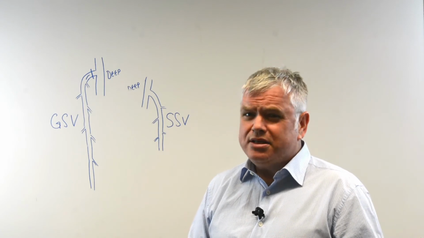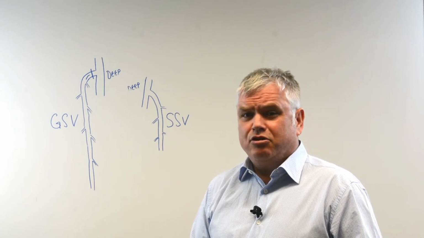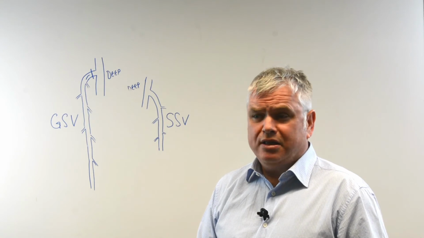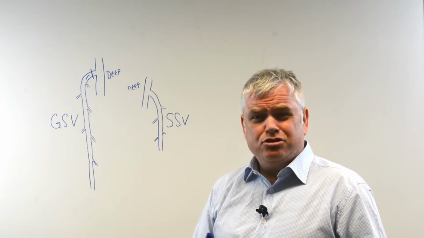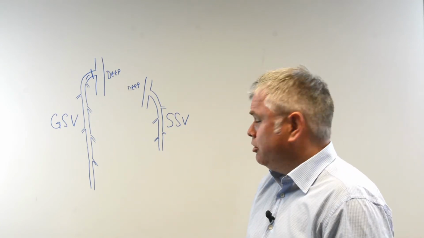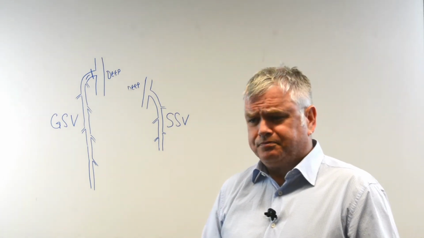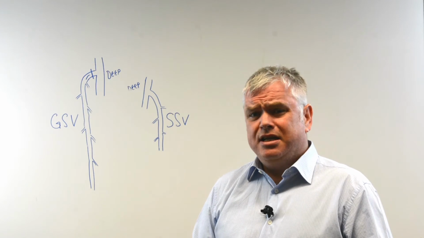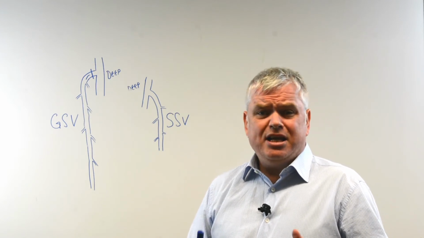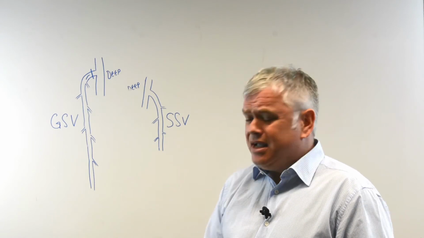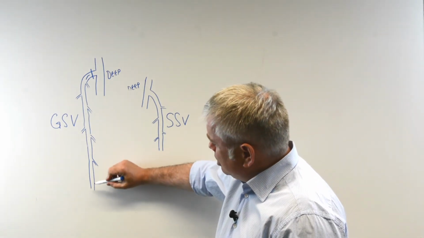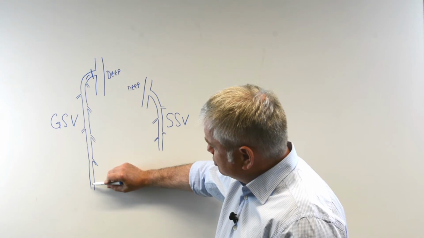Now, this is not quite as successful as thermal ablation, but it still works very well, and is actually the best treatment for some patients for whom thermal ablation is not a good treatment option. Now, there are also some newer techniques, and the most exciting one of these is the glue treatments. They again work in a similar way to both the foam and the laser, in that they're introduced through a catheter further down the leg under ultrasound guidance.